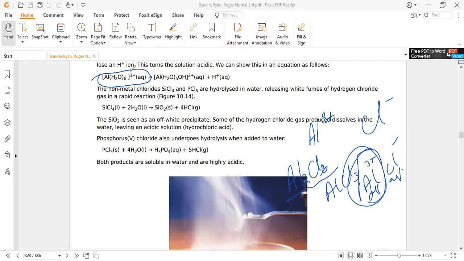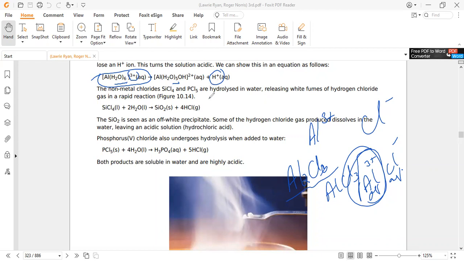Because of the high charge, they try to compensate the charge by breaking up the water, meaning they hydrolyze and release the H+ ion. So H+ gradually releases, leaving behind six waters, then five waters and one OH. This means the solution becomes gradually acidic due to the release of the H+ ion.